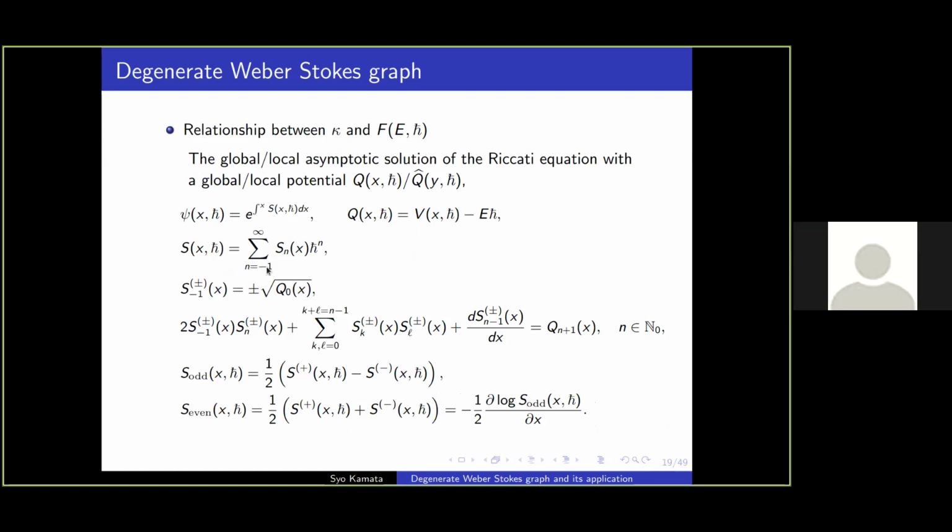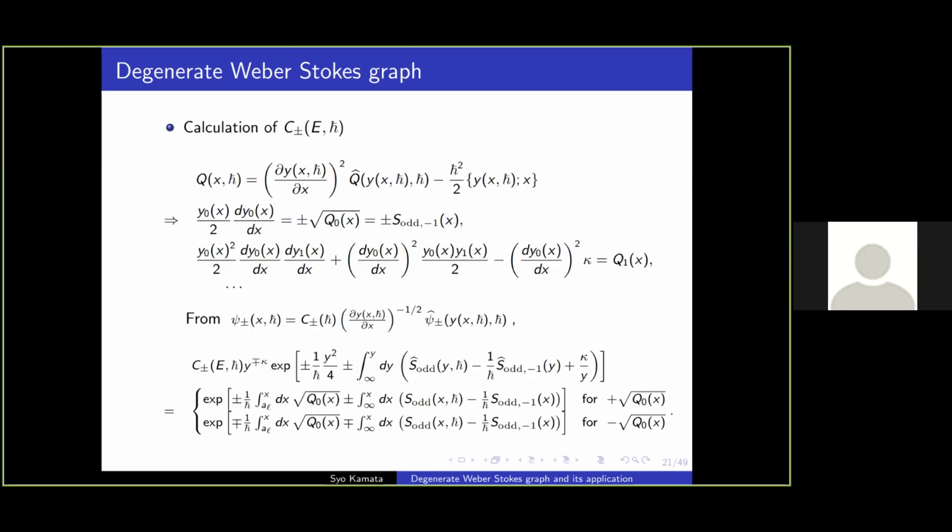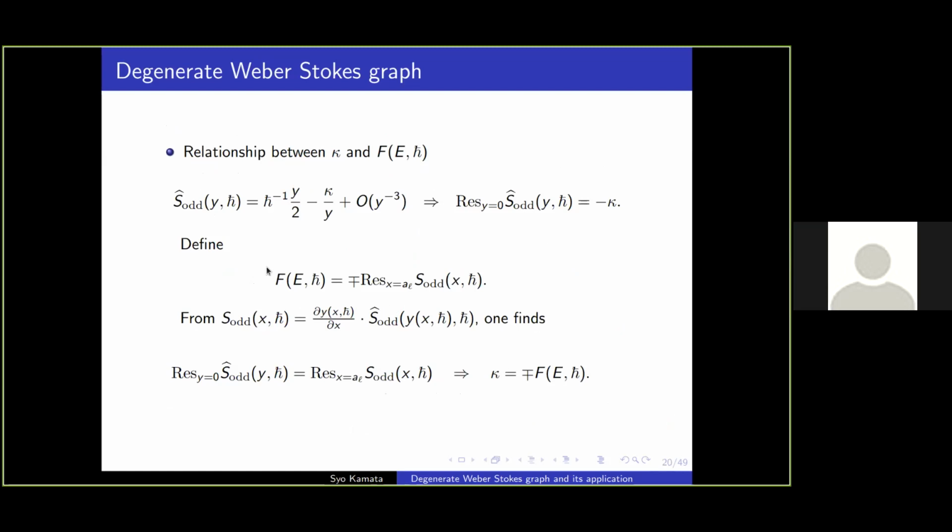Can I then ask about the next slide, page 20? Here you write an expansion on top, with H bar only on the first term. Here there's no more H bar dependence of the S odd? Yeah, it has, of course. On the order y minus 3, yes, of course.